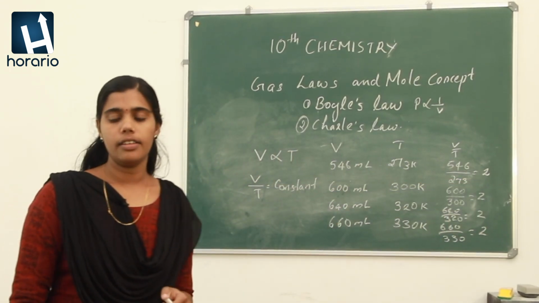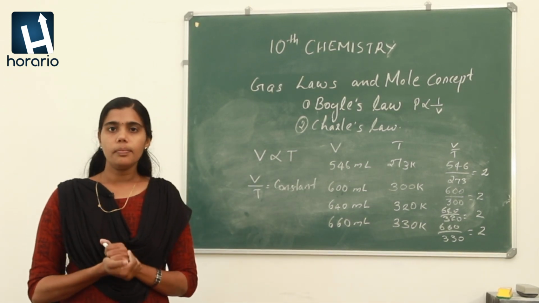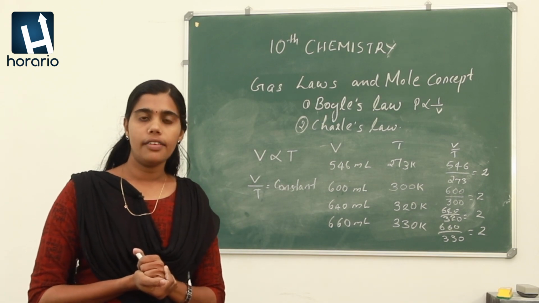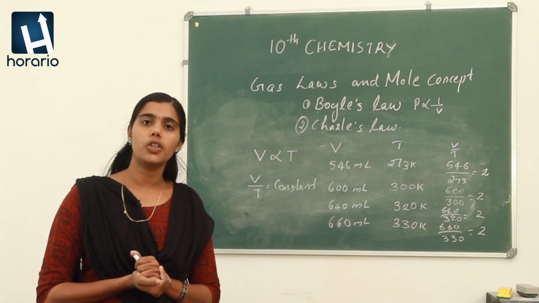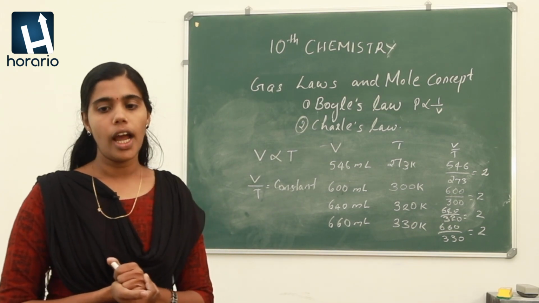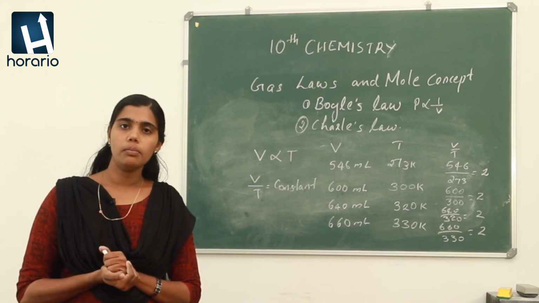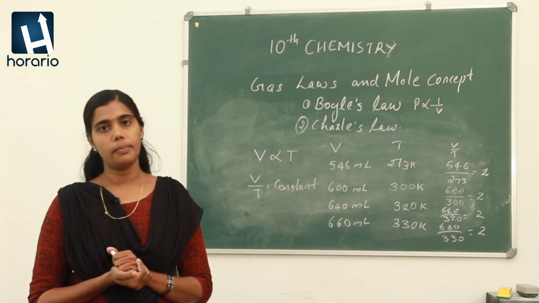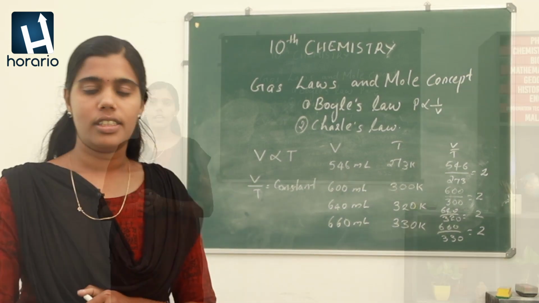Then we can state Charles' law. At a constant pressure, the volume of a definite mass of gas is directly proportional to temperature. Then V by T is a constant.